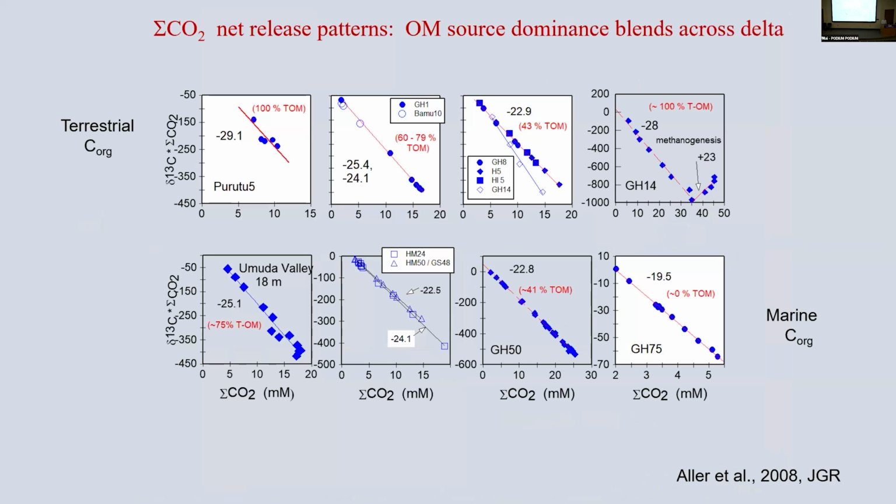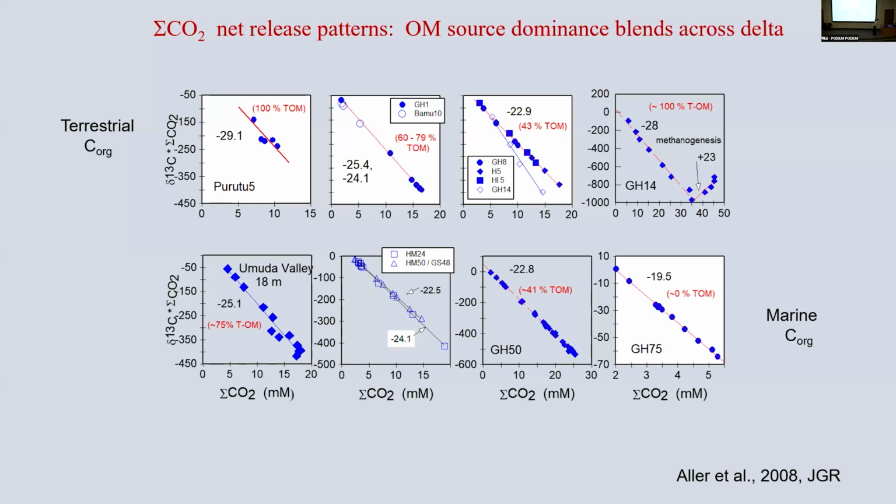Okay, I'm running out of time here, so I'm just going to make a couple of points about carbon and the benthic communities. Inshore, if you look at what's being burned off during remineralization, it's basically 100% terrestrial organic matter with a minus 29 delta C13 value.